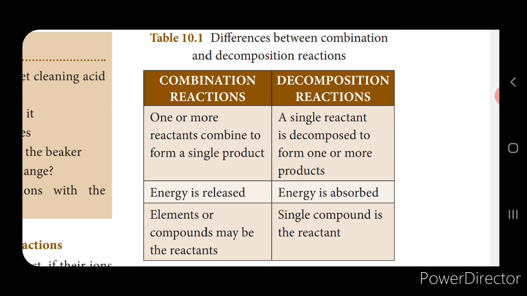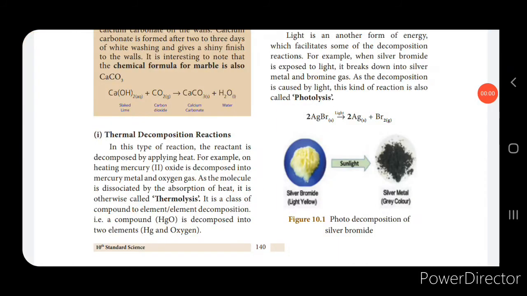That is, elements may combine to give a compound, or compounds may combine to give the product. Now in a decomposition reaction, a single compound is decomposed to give more than one product, one or more products, you can say. So this is the difference between combination reaction and decomposition reaction.